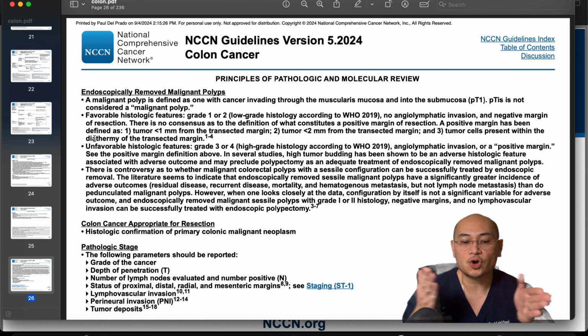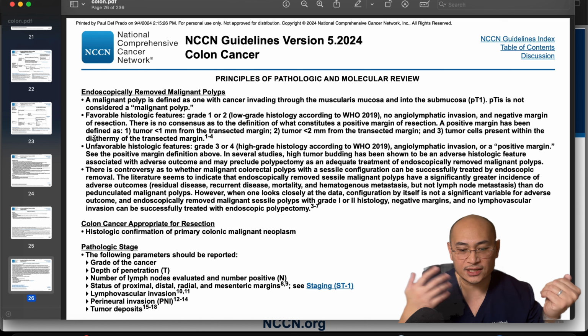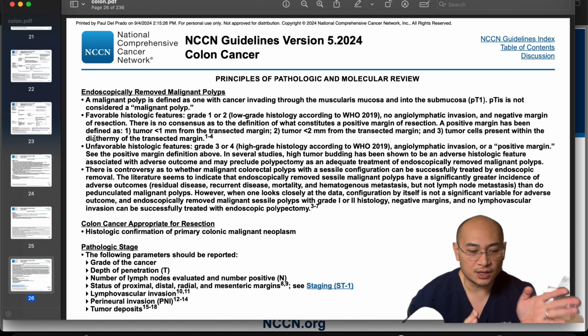I'm not going to go through all of this. You guys can take a look, which mostly includes angiolymphatic or vascular invasion, how close it is from the tumor margin, any electrocautery artifacts, and so on and so forth.